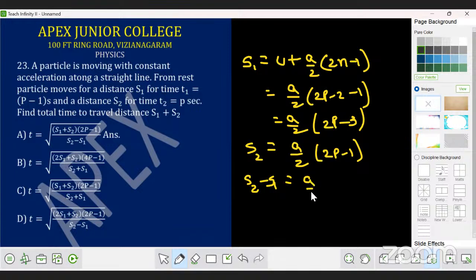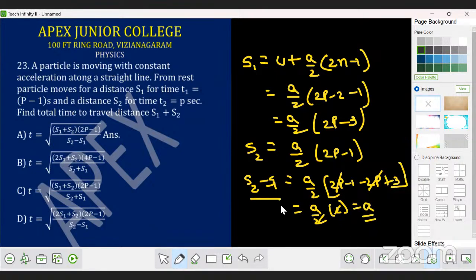A by 2 is common here: 2p minus 1 minus 2p plus 3. Of course, 2p and 2p will get cancelled. Then you will get a by 2 into 2. Then 2 and 2 will get cancelled. Then acceleration is simply S2 minus S1.